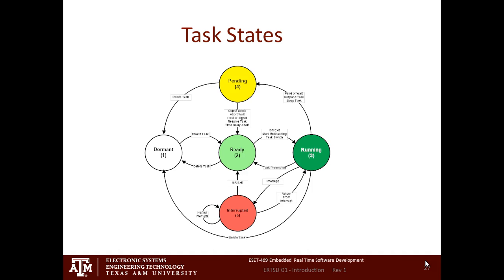into this pending state. So when that interrupt routine occurs, say the interrupt routine says, hey, I just completed an A to D conversion. It's going to send that message to the kernel, completed A to D conversion. The kernel is going to say, anybody here pending that was waiting on an A to D conversion?